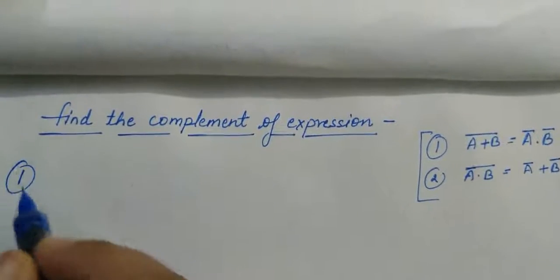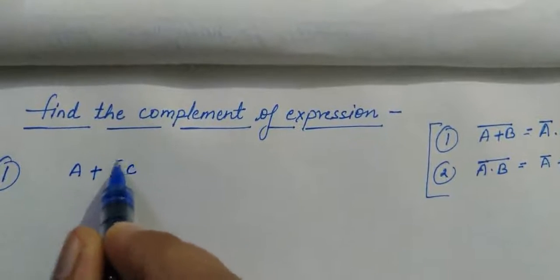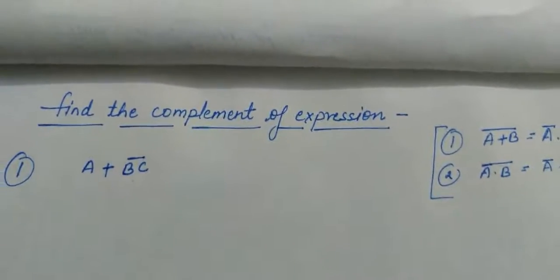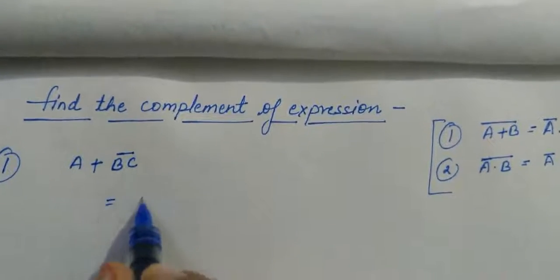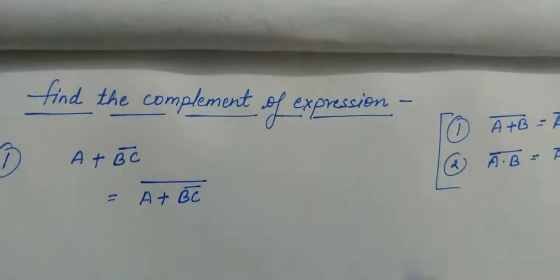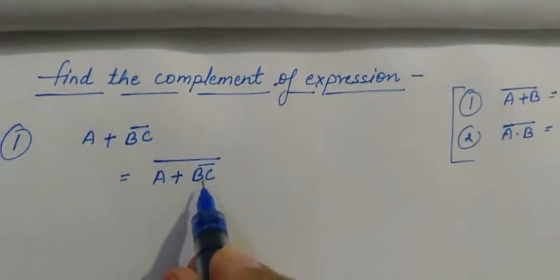Suppose the first expression we have is A plus B C complement. Now we have to find the complement of this expression. So if this is the expression, its complement will be (A plus B C complement) whole complement. Now we will apply De Morgan's law.